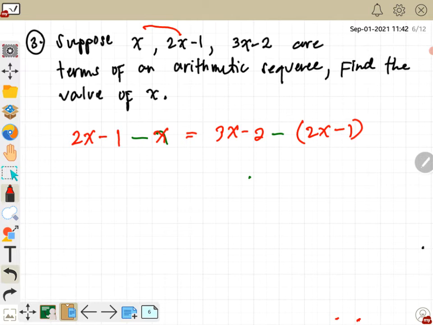So let's simply simplify and solve for x. So 2x minus x, the left side becomes x minus 1. The right hand side becomes 3x minus 2x.